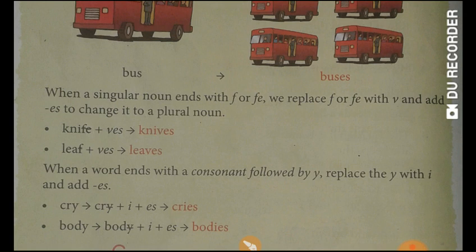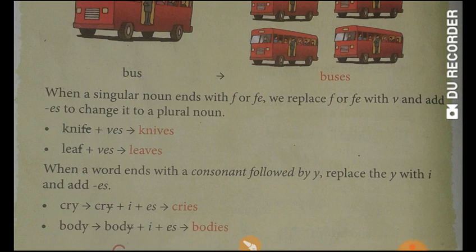The next is if a word ends with a consonant followed by y, then we replace y with i and add es. Means if the last two letters of a word are consonant plus y, then we replace y with ies to make its plural. For example, cry. Here the last two letters are r and y.